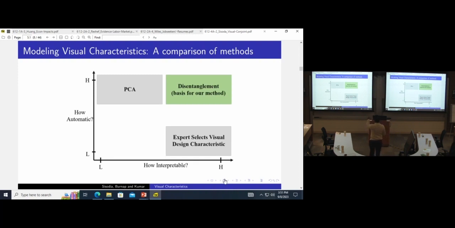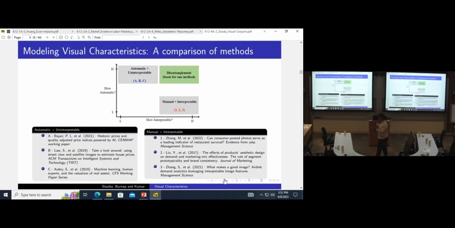Now, our method is based upon disentanglement learning, which has both of these properties. That is, it is automatic as well as it yields interpretable visual characteristics. So a bunch of papers, I won't go into the details. Some fall under automatic but not interpretable, and some fall in the other opposite bucket, manual but interpretable.